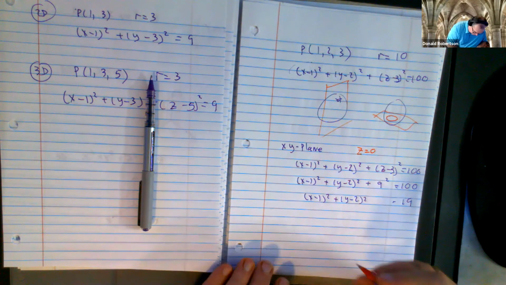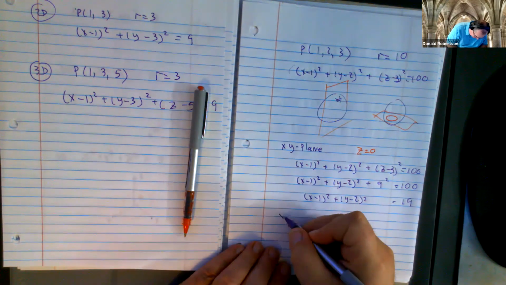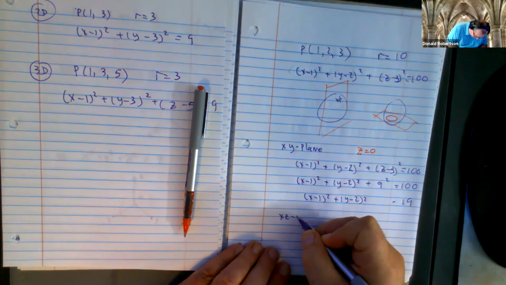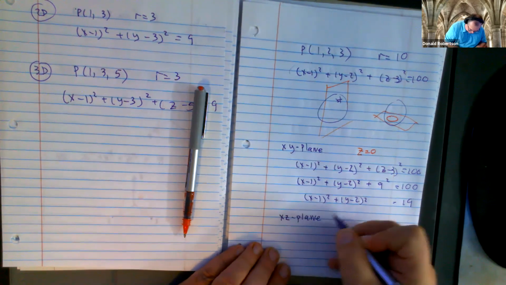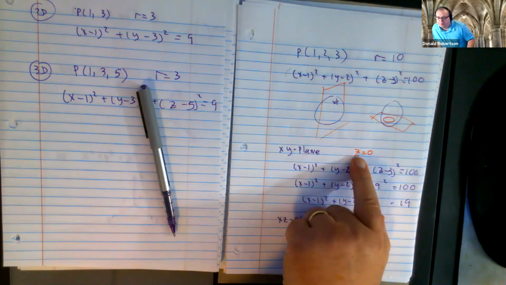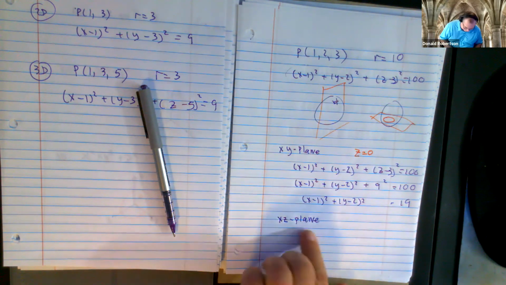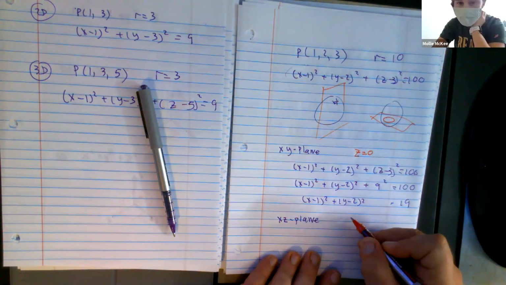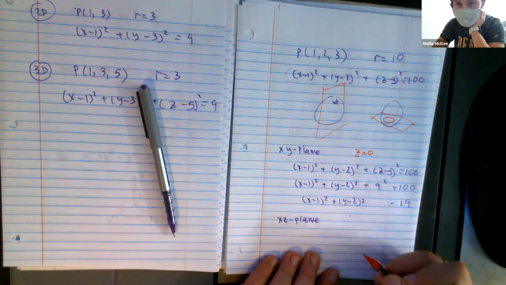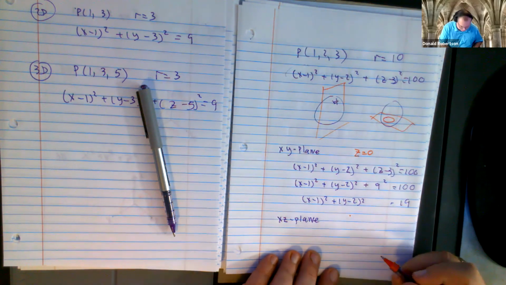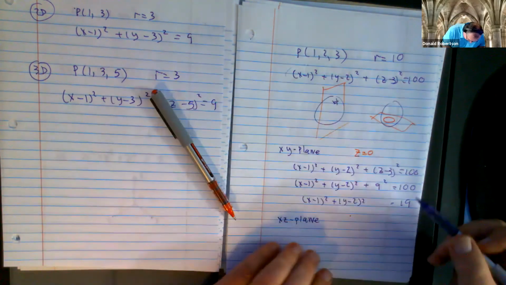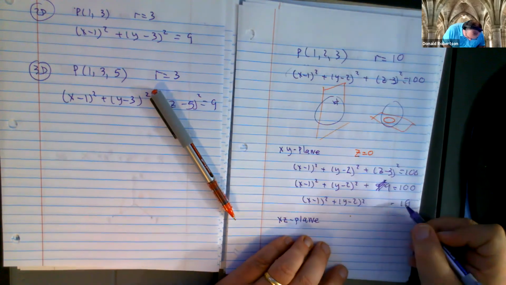What would an XZ plane look like? Tell me which variable would be 0 if it's an XZ plane. Wait, why is it 9 squared? Oh, I squared it twice.